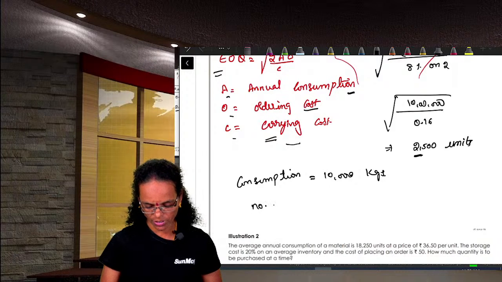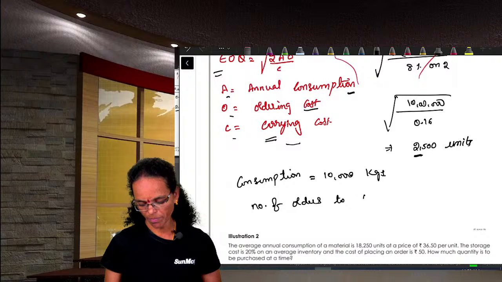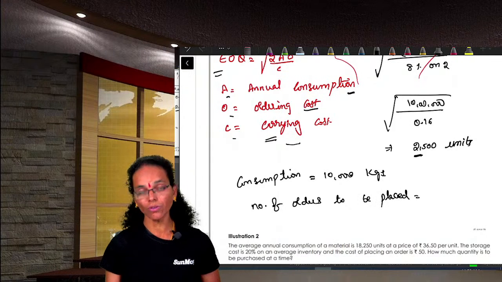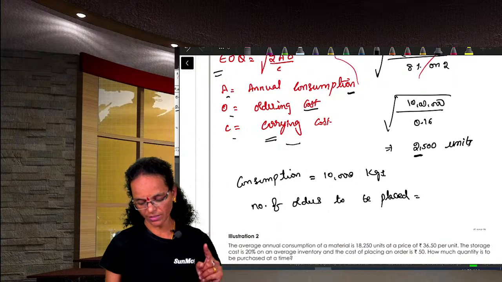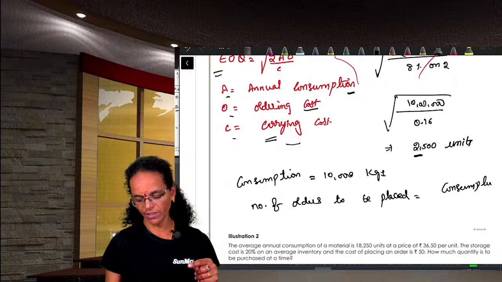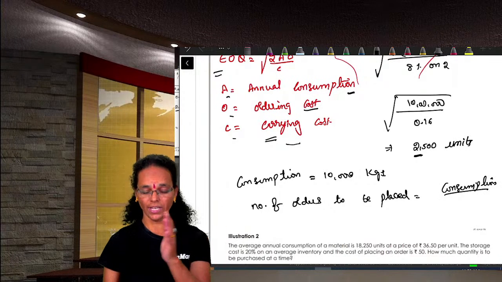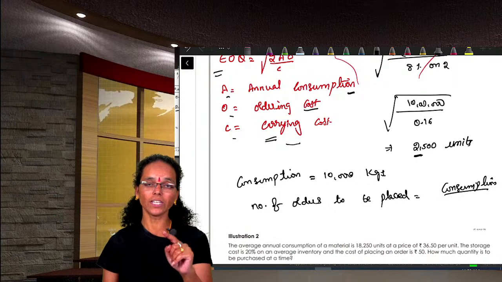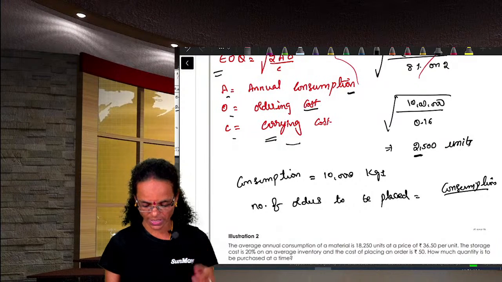So the number of orders to be placed equals our requirement, or I can say consumption, in a year divided by the units we order in a single go.